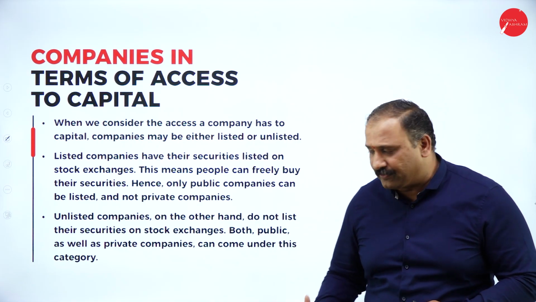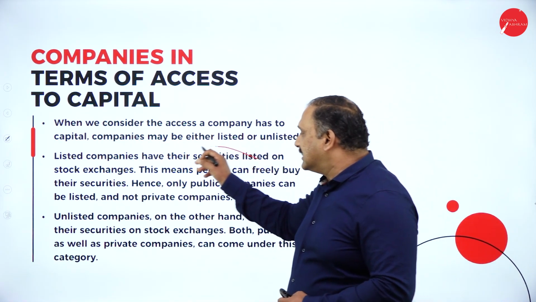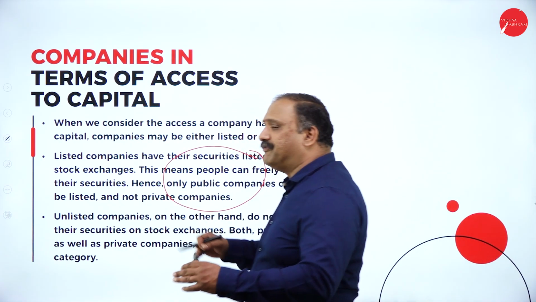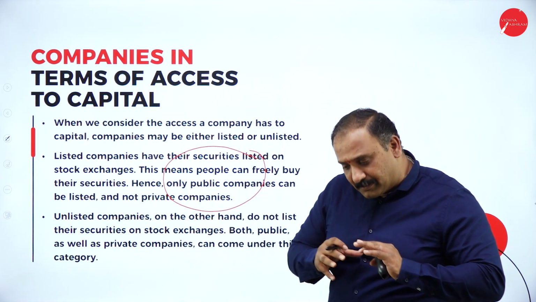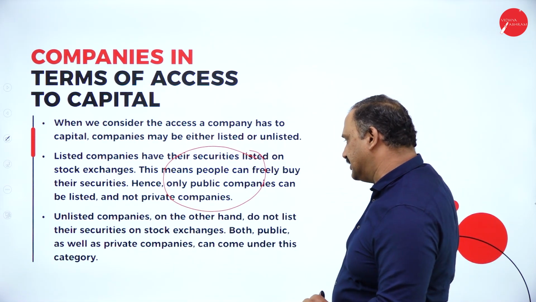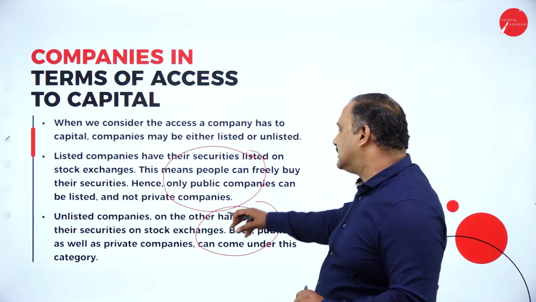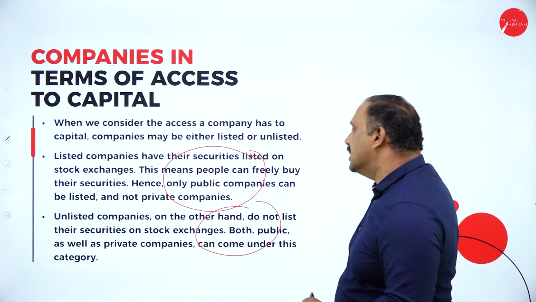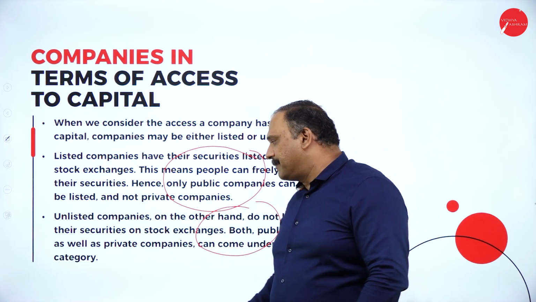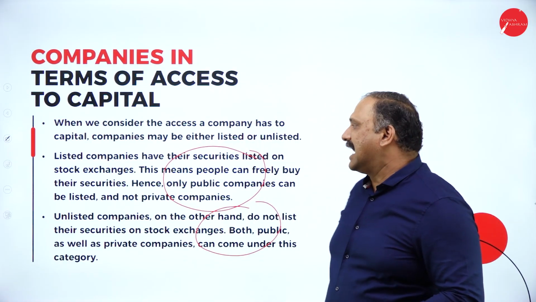It will be able to trade better. And the securities get listed, and this means people can freely trade the securities. The movement of money is far easier. Whereas on the other hand, the unlisted companies do not list their companies on the stock exchanges. Both public as well as private companies can come under this category.